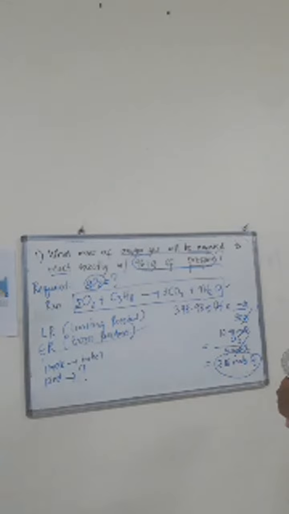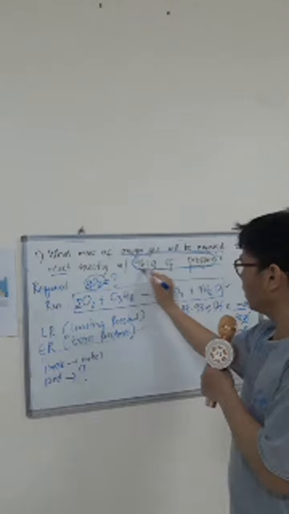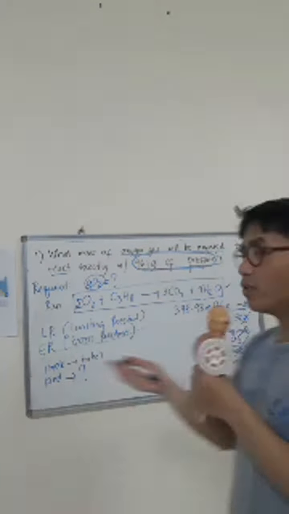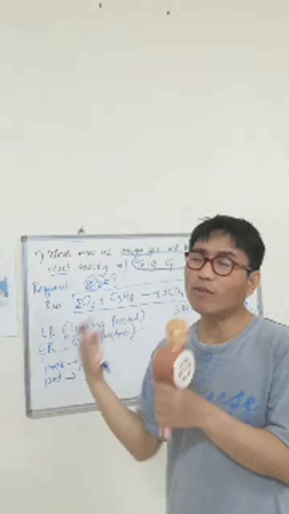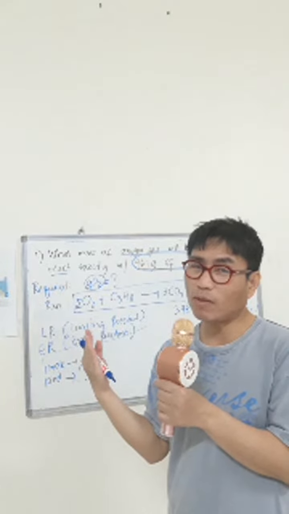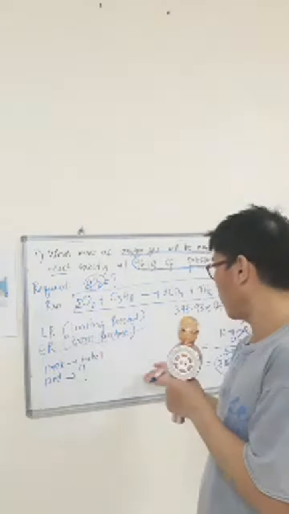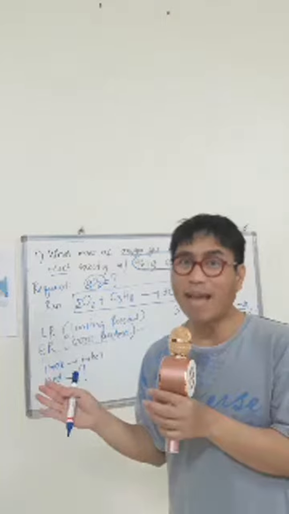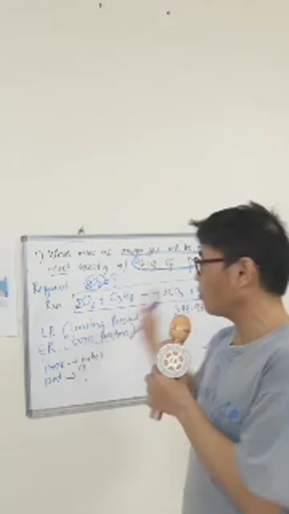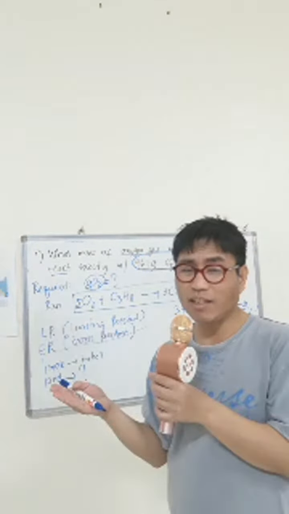Even though you start at propane to compute for its number of moles, you can still use oxygen gas. It doesn't matter, because that relates to our stoichiometric chemical equation.